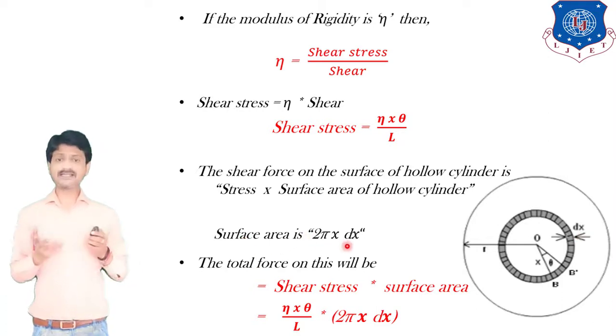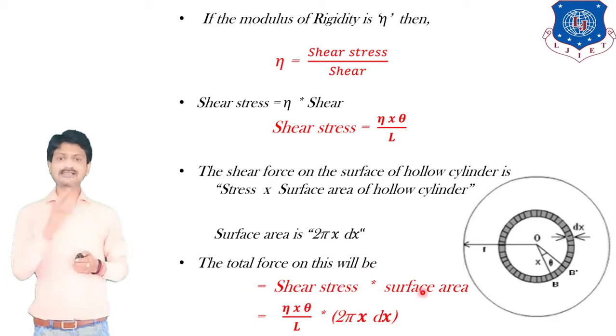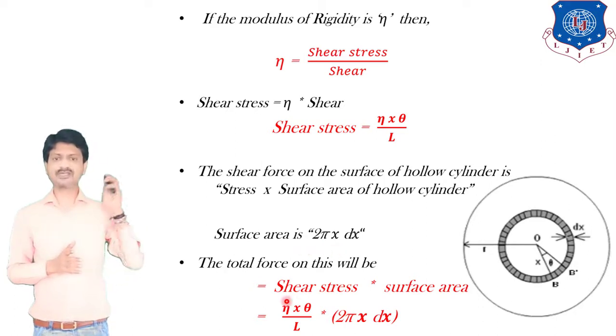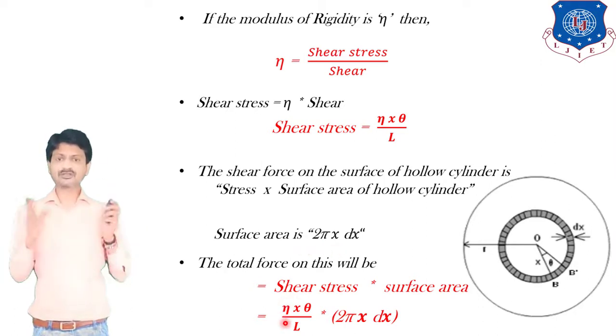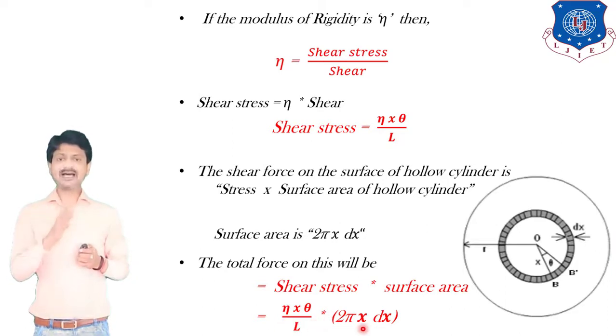So the surface area of that hollow cylinder is given by 2 pi x dx. Now the total force on this will be shear stress into surface area. So we replace the two values, one of shear stress and the second of surface area. Now the total force on this will be eta x theta by L into 2 pi x dx.